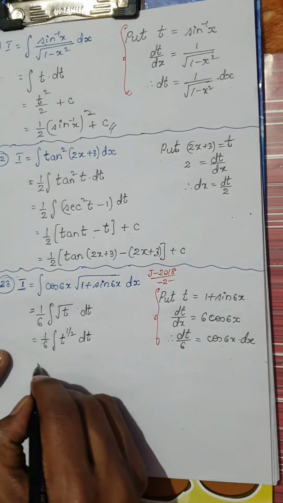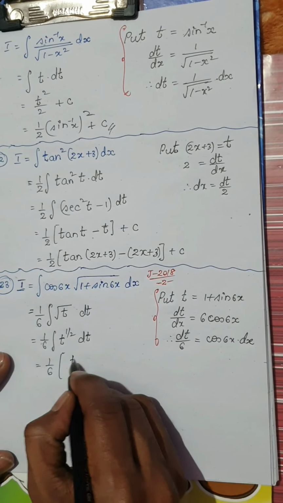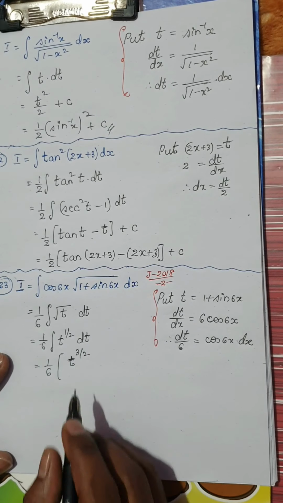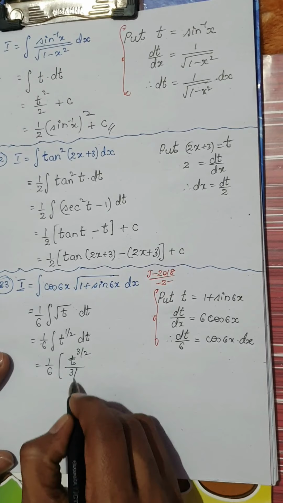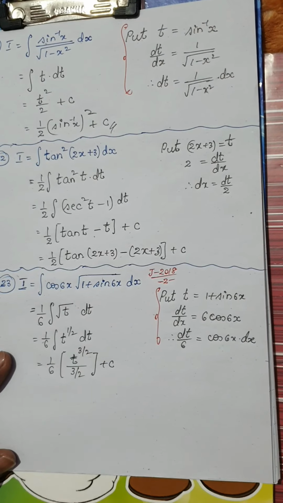So this is nothing but 1 by 6 into, remember the integral of t power half is, half plus 1. I hope we have done many problems like this. So t power 3 by 2 divided by 3 by 2, plus the constant of integration.